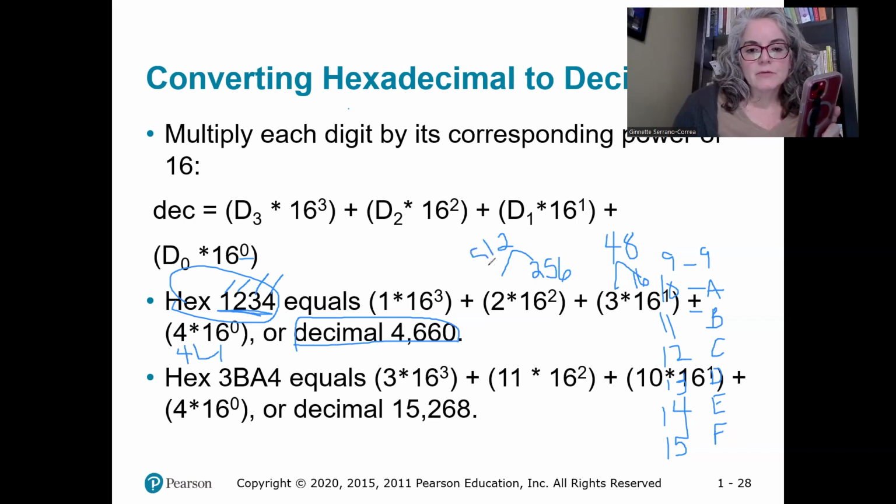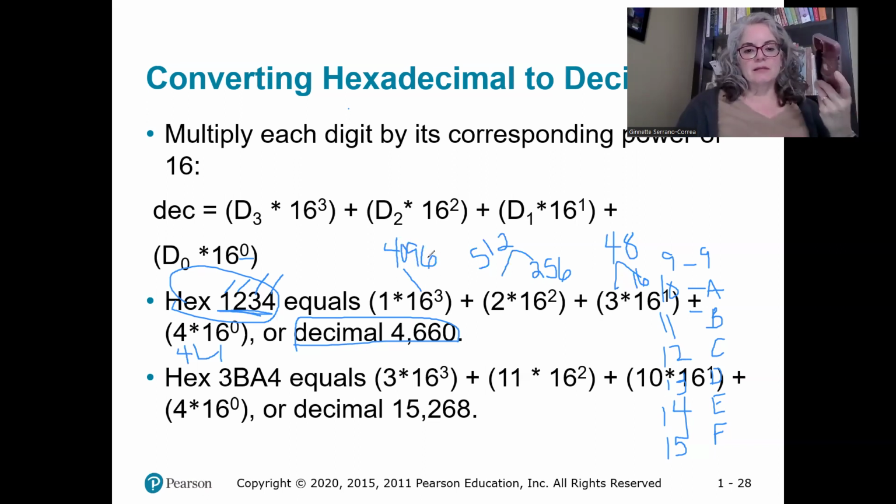So that's 512. And 16 to the power of 3 would be 16 times 16 times 16, which is 4,096. So this is going to be 4,096 times 1. Right, times 1. So it just stays 4,096.